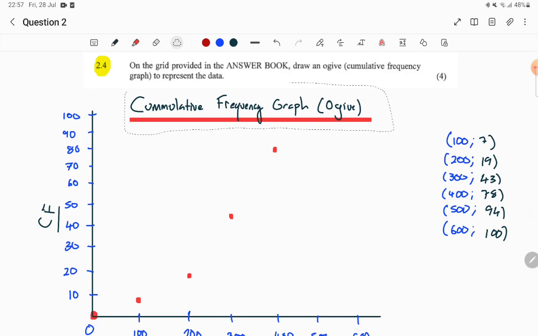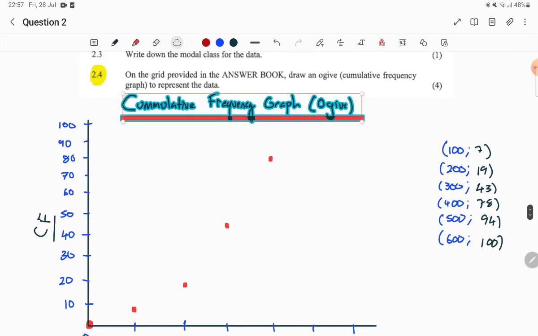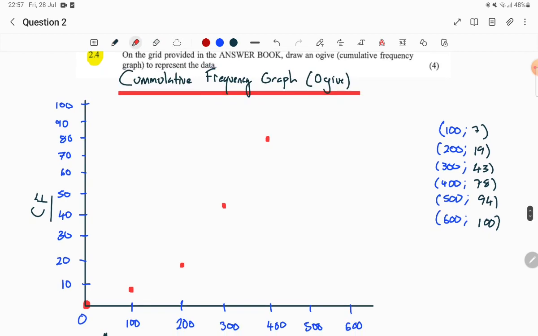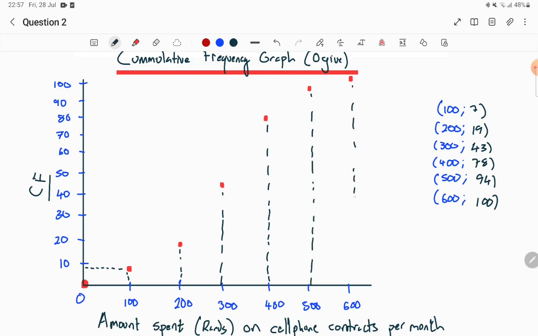Then 594 and 600. Alright, so you can just use our tool again to confirm what we're getting. All of them should be exact, since the scale matches it.